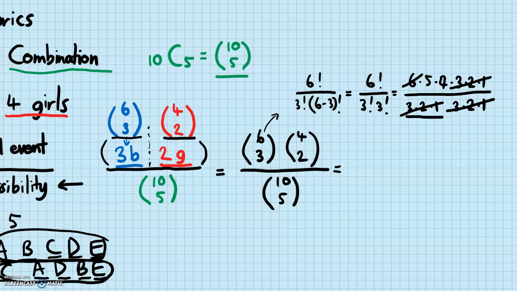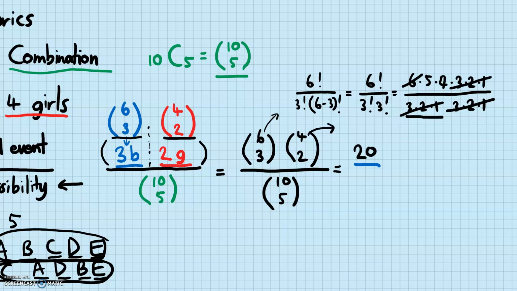So we're just left with 5 times 4, right? So we just have 20 for this part. This means there are 20 different ways of choosing 3 boys from a group of 6 boys. And if you are skeptical about that, you can list out all the different ways of choosing 3 boys from a group of 6 boys, and you'll find that there are 20 ways to do that.